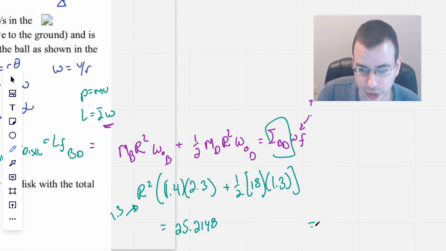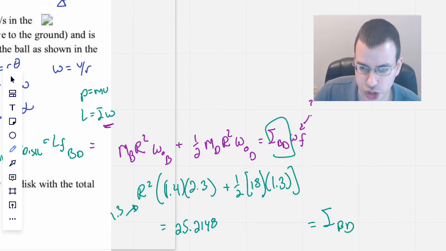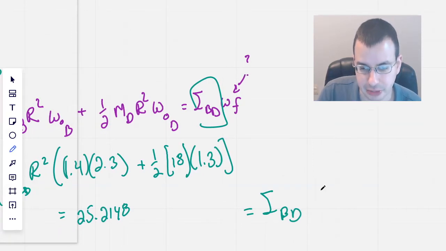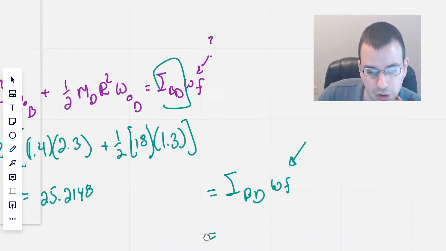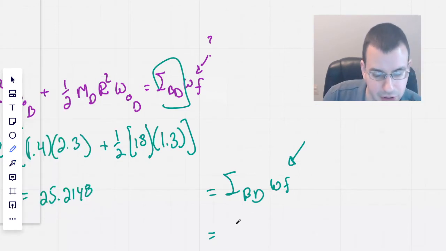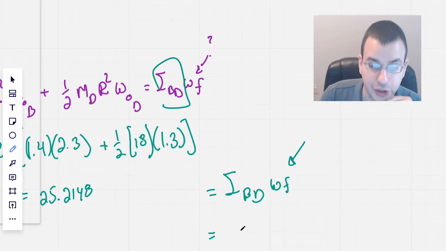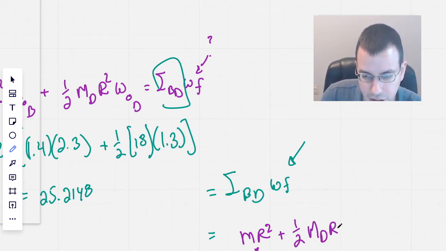We know that this will equal the moment of inertia of the ball disk system times omega final, and they'll be moving at the same rotation. So for this, we're just going to add the two moments of inertia of each of them. So we'll start with the ball, which will be m ball r squared, plus the disk, 1/2 m disk r squared, and then we times omega final.